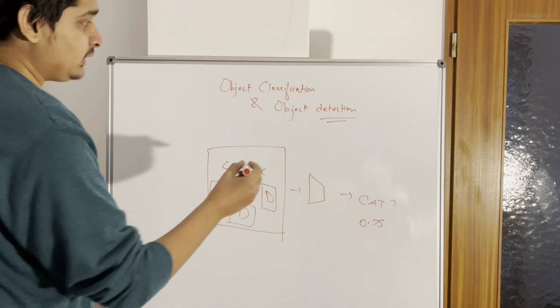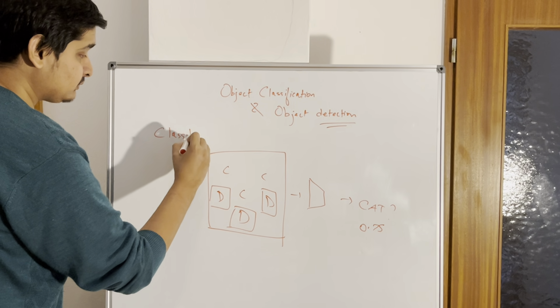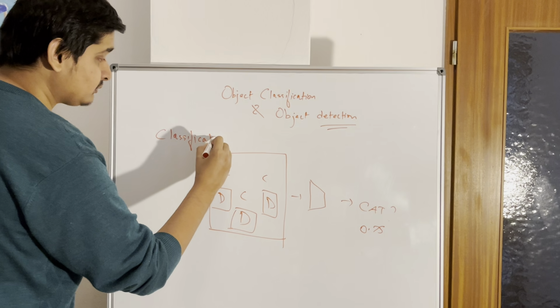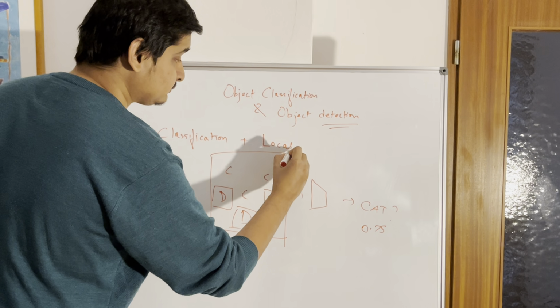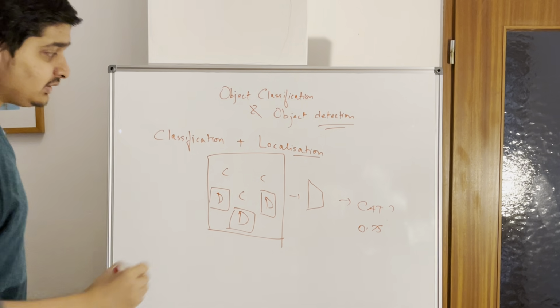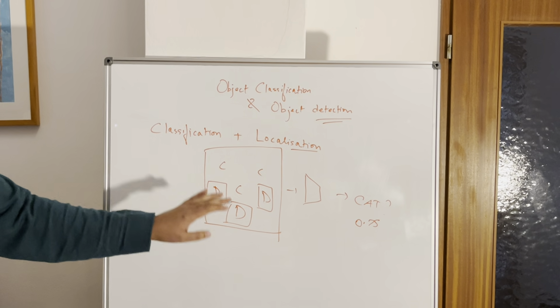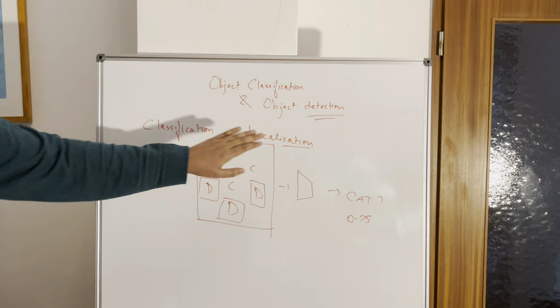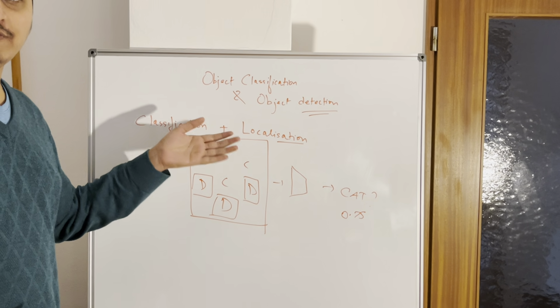So basically, detection is classification plus localization. What does localization mean? It means you have to tell where in the image is a dog. This principle is also used in face recognition, face detection.